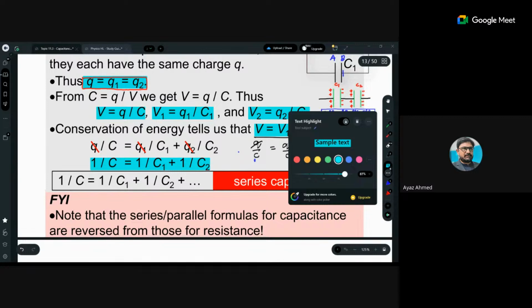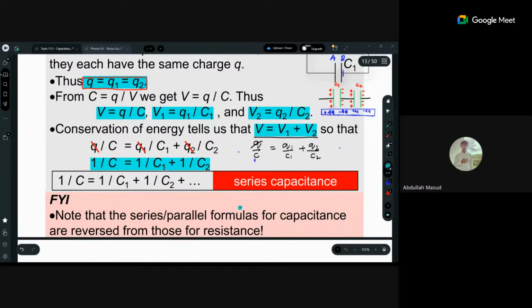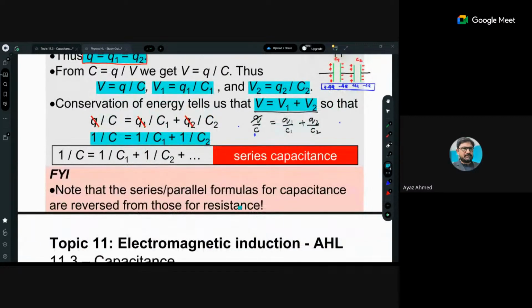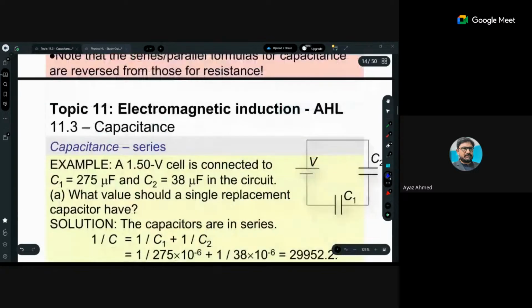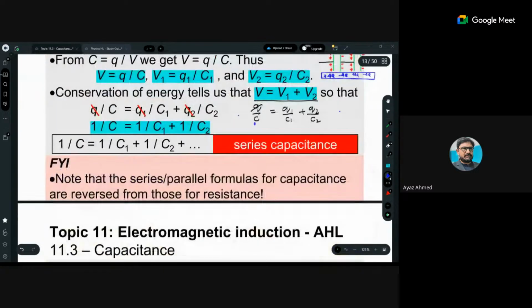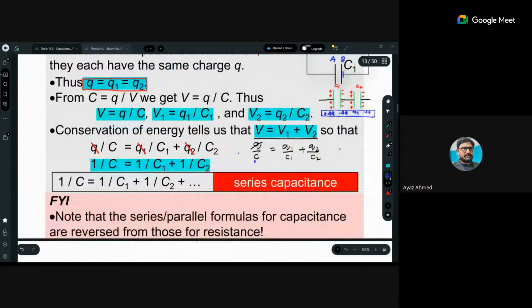Is this clear to you? Yes. So this is also a sort of equation. I will give you another format of this equation. This is just for two capacitors. What I'm going to write now is just for two capacitors.